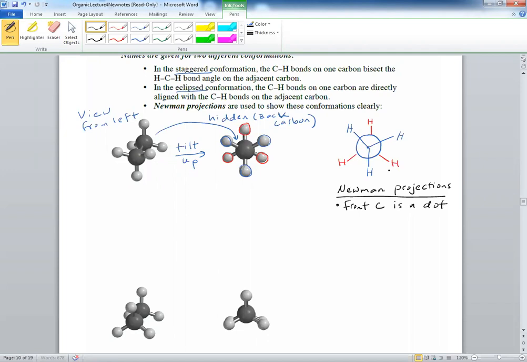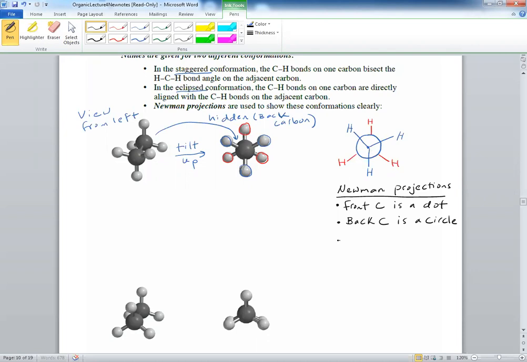Sometimes actually the dot is not shown. It's just implied that it's there. Back carbon is that circle. That's why we draw that circle. Otherwise, if we just put two dots, one would be on top of the other one. So the back carbon is your circle right there.